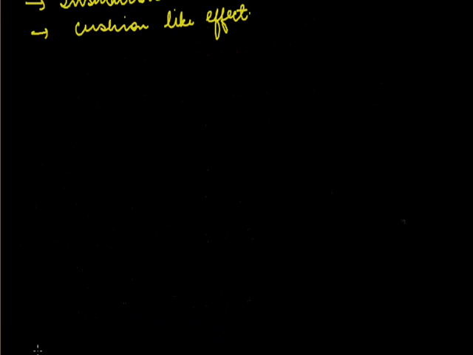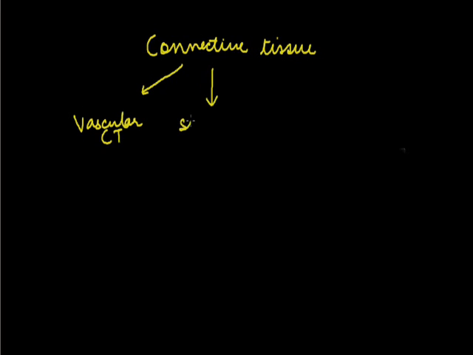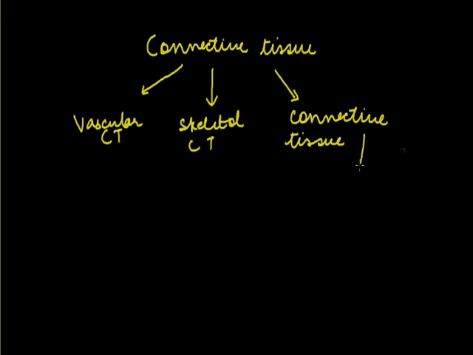Now, the various parts of the connective tissue: I've already told you, this is the connective tissue. It is divided into vascular connective tissue, skeletal connective tissue, and connective tissue proper.